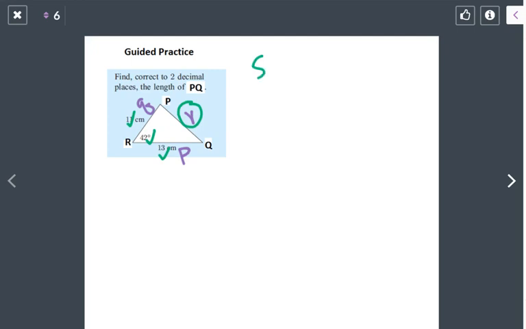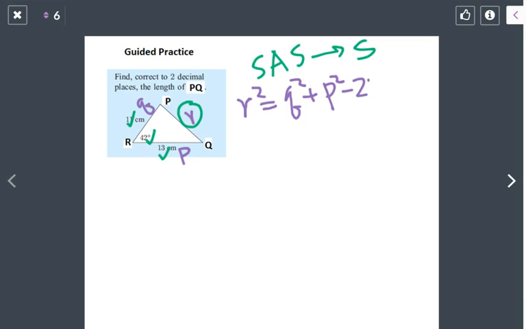So we know it's SAS, we're looking for S. Definitely, we have to use cosine law for that. So we write down the pattern: R squared equals Q squared plus P squared minus 2PQ cosine R.